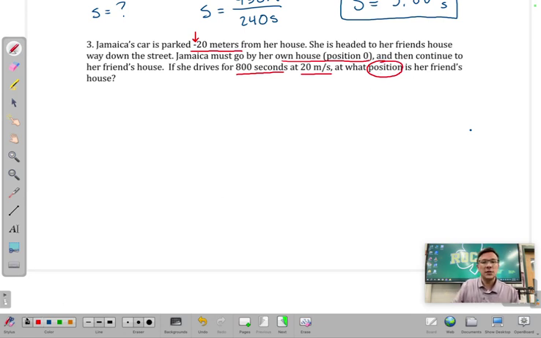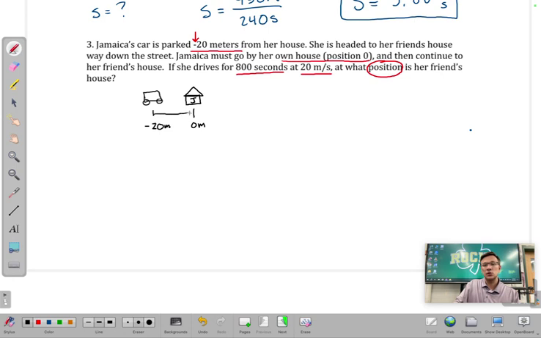Okay, so this is one where it's great to draw a diagram here. So let's start by drawing Jamaica's house, right? I'm going to put a J on it for Jamaica. Here's the house. And this is 0 meters, right? It told us that her house was at 0 meters, but it says that she parks her car at a position of negative 20 meters from her house.